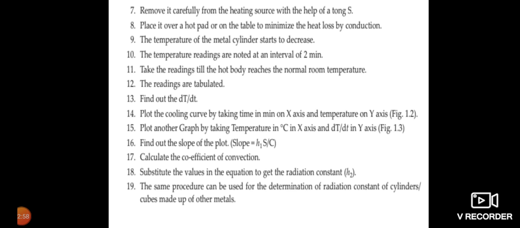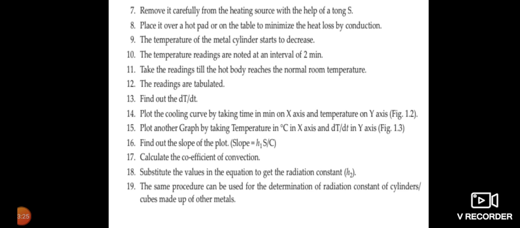Calculate the slope. Calculation is very important, because after calculation of slope we are going to calculate the coefficient of convection, and with the help of that we are going to find out our radiation constant H2 that we see in the formula. The same procedure can be used for the determination of radiation constant of cylinders, cubes or other material.